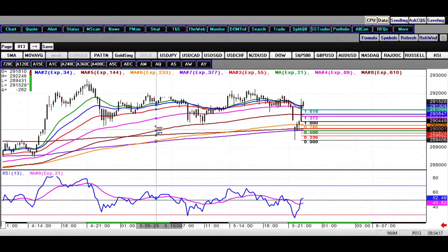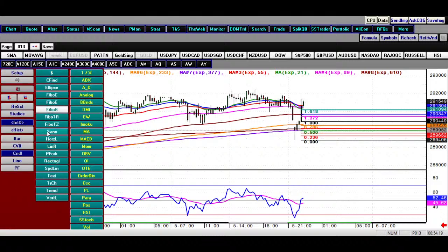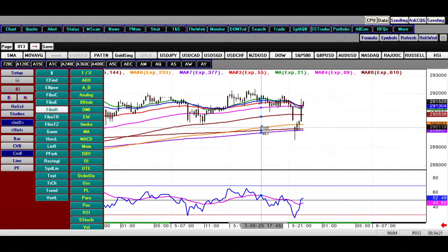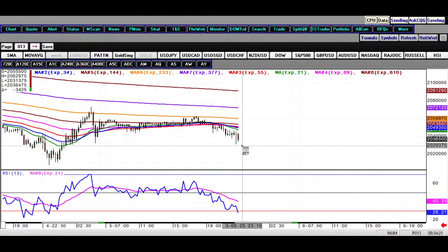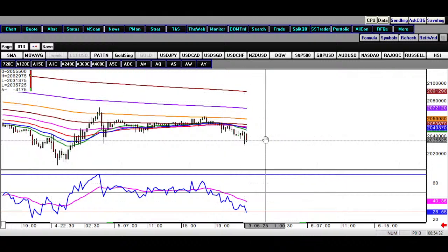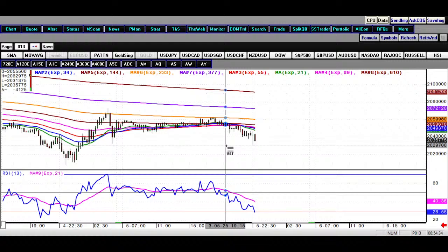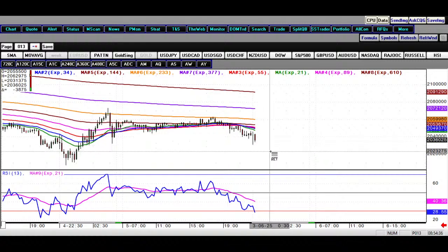Okay, still no entry yet. Okay, Nasdaq. This is still showing weakness, which we are expecting to continue.